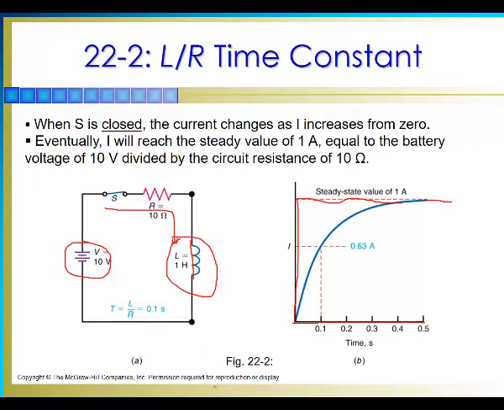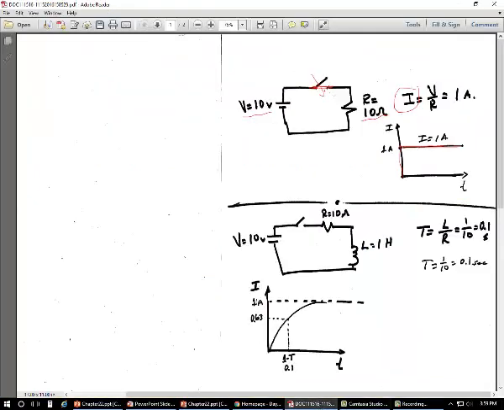In this specific case, the inductance is 1 henry and the resistance is 10 ohms, so the time constant T will be 1 divided by 10, which is 0.1 second.